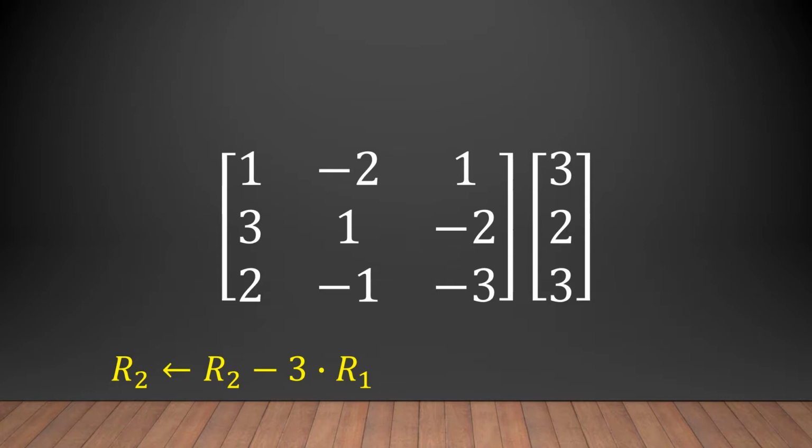So 1 minus a -6 will give us a 7, and that will appear in row 2, column 2, if you want to talk about rows and columns. Likewise, in the third column of row 2, we'll say -2 minus 3 times 1, which gives us -2 minus 3, or -5. So we'll have a -5 there.